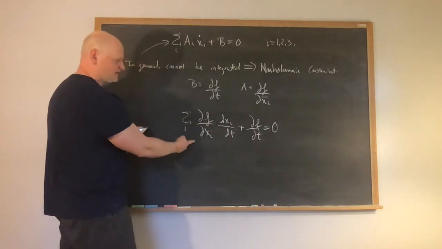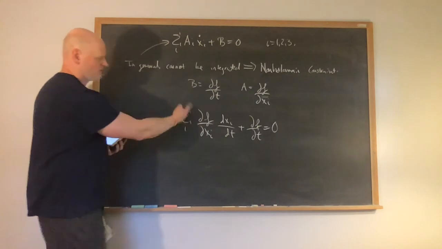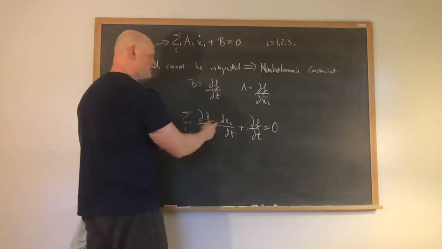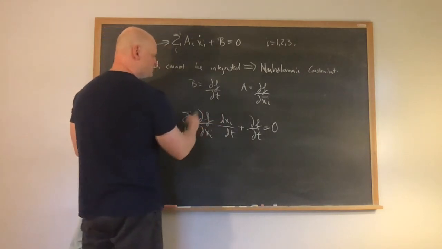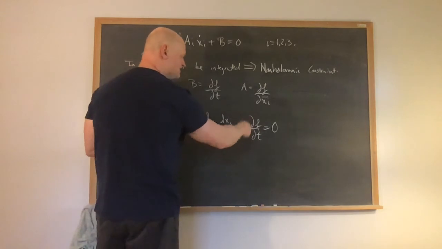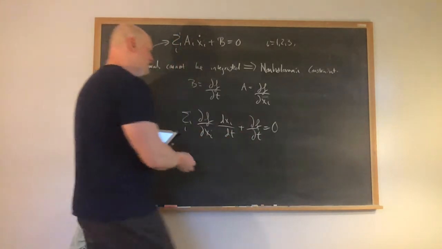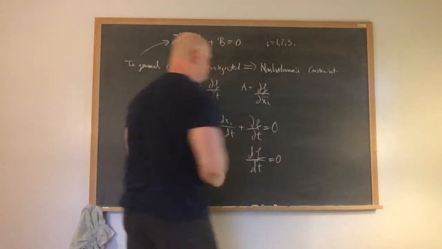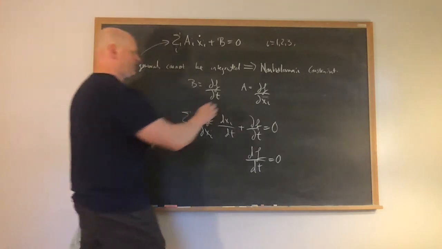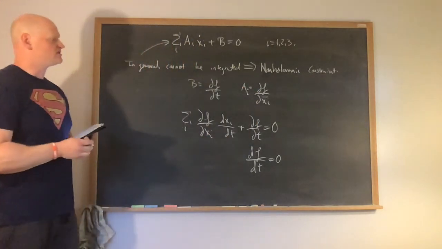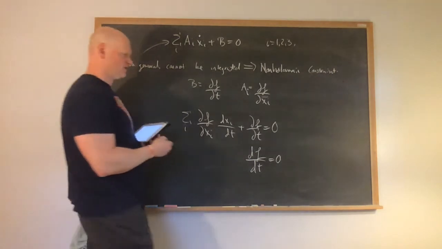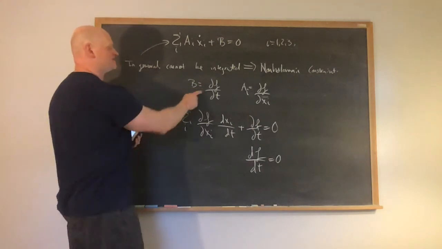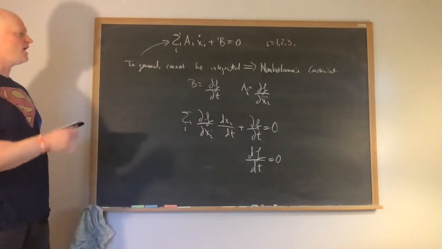But the whole thing is simply the total time derivative of f. Here I'm just using the chain rule, expanding this derivative of f, where f has an explicit dependence on time. So this is equal to the total derivative of f with respect to time, equal to 0. So if a_i is the partial derivative of some constraint equation with respect to x_i, and b is its explicit time-dependent version, the constraint can be integrated.